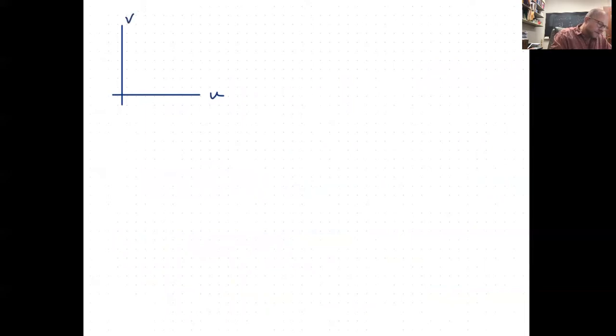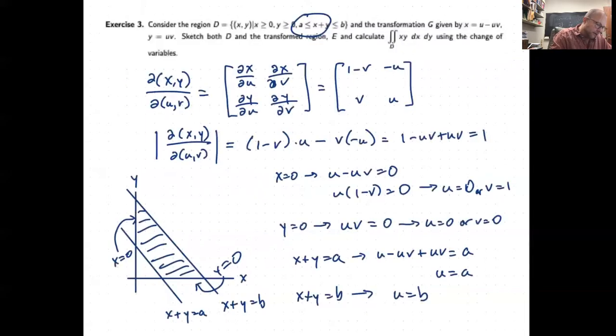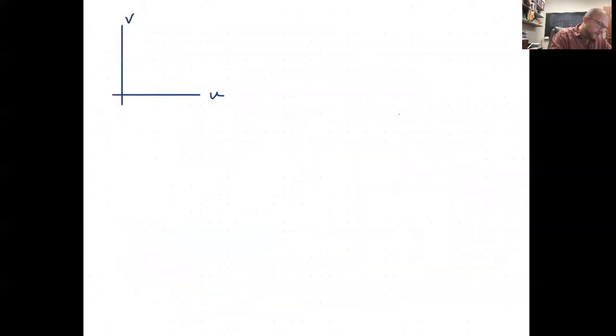I'm going to come back over here and copy these things and paste them over here, and then we'll move them around where we can look at them nicely. So I'm going to have to draw u equals A, u equals B, v equals 0, and v equals 1.